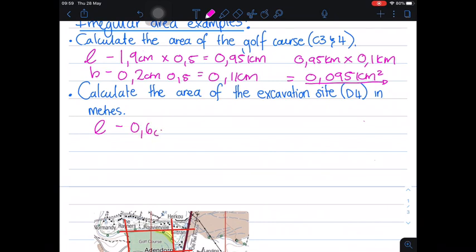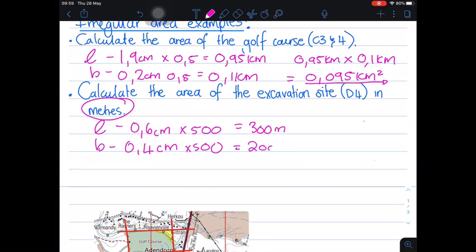The length then was 0.6 centimeters and the breadth was 0.4 centimeters. Because each of these distances is below 1 centimeter, we're going to now do it in meters, and the question also asks us for meters. So we times by 500 for the shortcut, and for 0.6 you get an answer of 300 meters, and 0.4 times 500 gives us an answer of 200 meters.